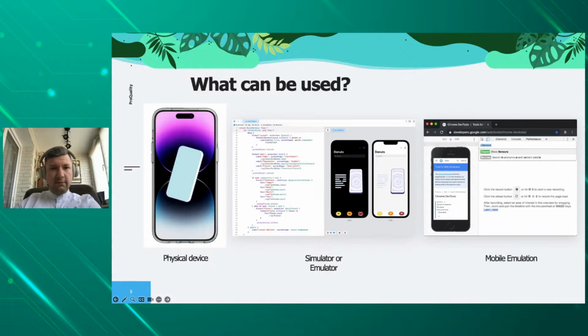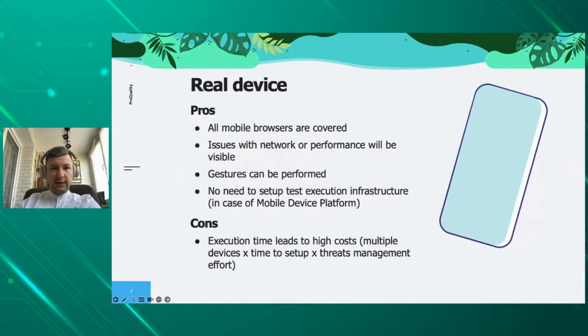So, okay, let's review each of these options. And let's start from the most obvious way. The same people can say, okay, just use a real device if you really want. If you need to check something on a real device, everything is here, just start to use it.